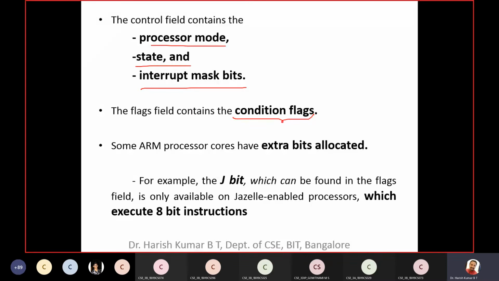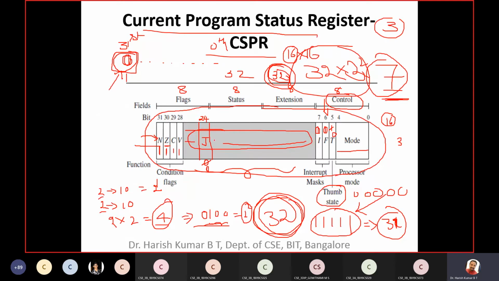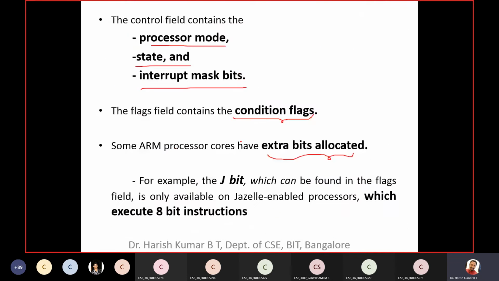And the ARM processor has extra bits allocated. The example I'm writing here is the J bit, which can be found inside the flag field and is only available on Jazelle state enabled processors, which execute 8-bit instructions. Okay, done.